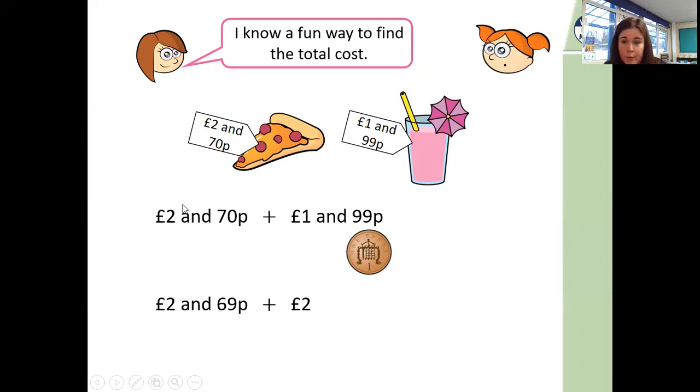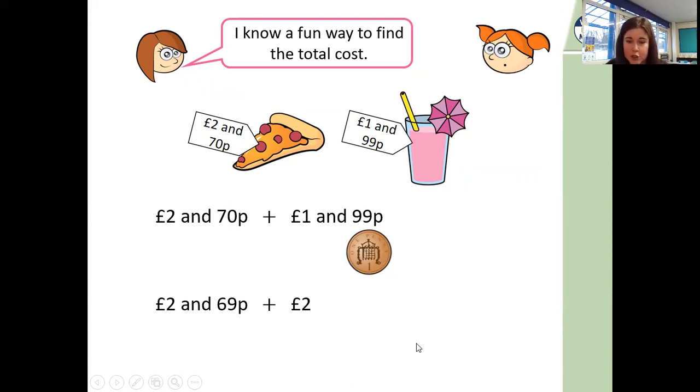Again, like I keep saying, it won't change the actual answer. Because we are adding, we will still get the same answer, but we are making it more straightforward for us to do in our heads. So because we have swapped a penny, we've given a penny from the pizza to the drink, it has become £2 and 69p and £2.